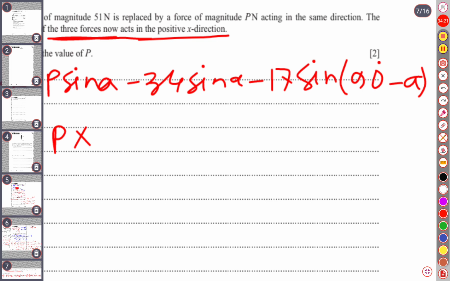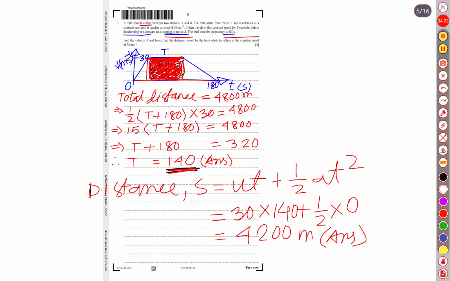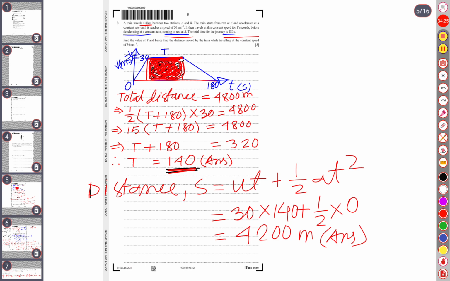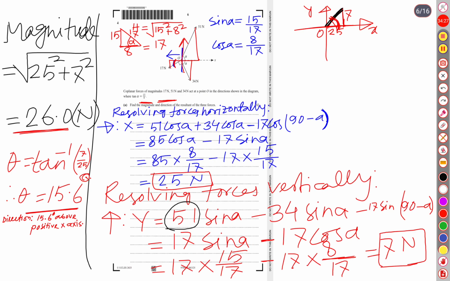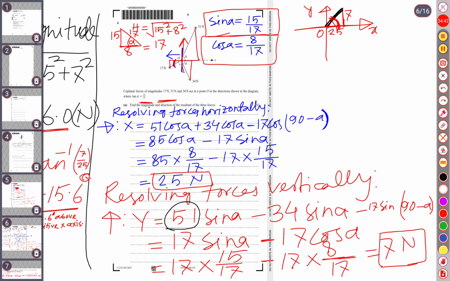Let us see for the last time: sine alpha was 15 over 17, and cos alpha was 8 over 17. So we are going to apply this. Sine alpha is 15 over 17.